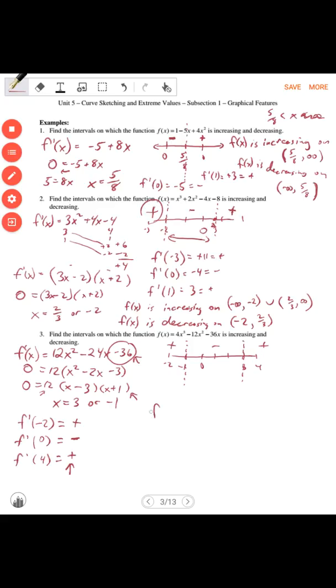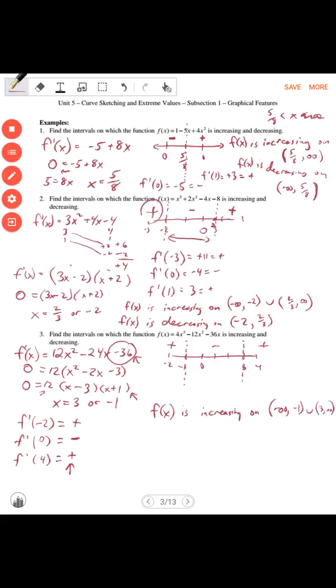So then we just say the function, so f of x, is increasing on negative infinity up to negative 1, unioned with 3 up to infinity.